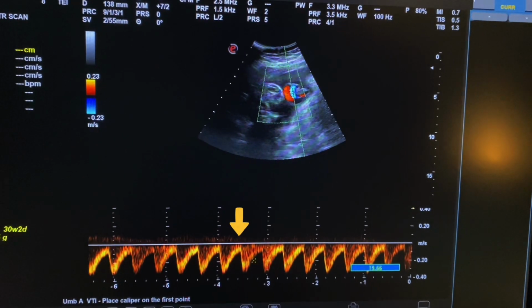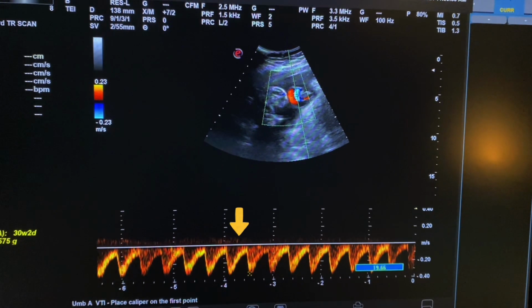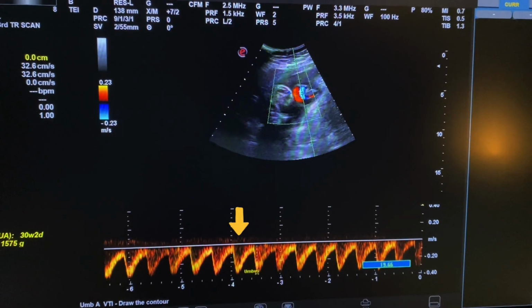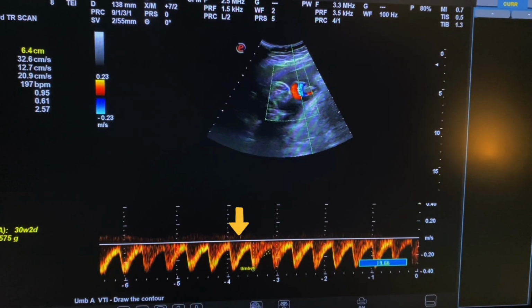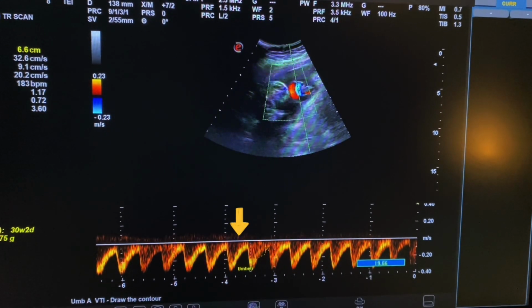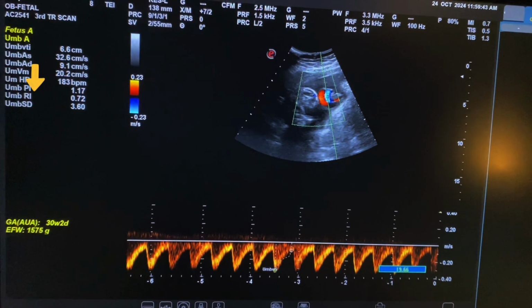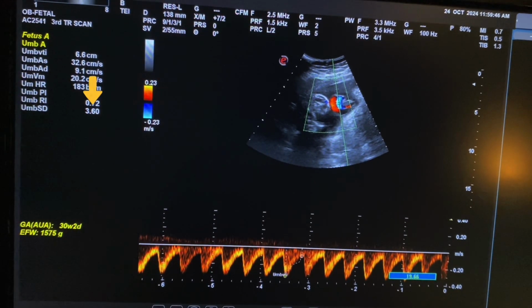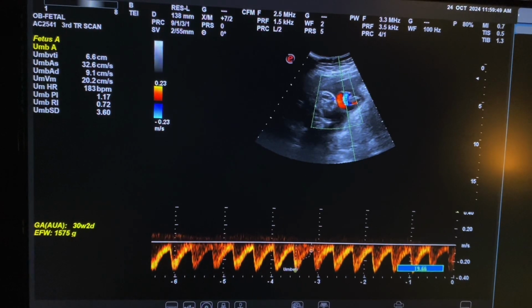Now we will take the peak systolic and diastolic flow. This edge is peak systolic flow and at the base of the line is diastolic flow, and we will measure from peak systolic to diastolic. Here we see the SD ratio is 3.6, which is normal.